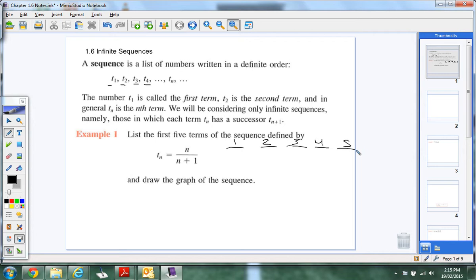What would we do? Not complicated. Yeah, we just plug 1 in for n, plug 2 in for n, etc. Okay, so Rye, what's term 1? 1/2. What's term 2? Jeremy? 2/3.